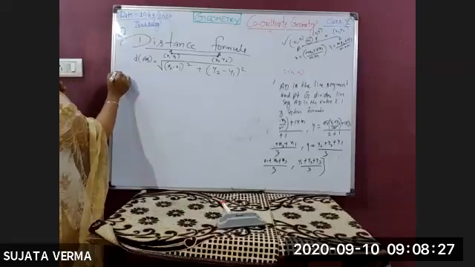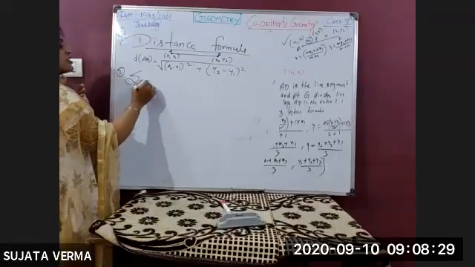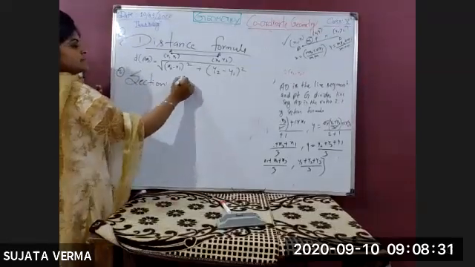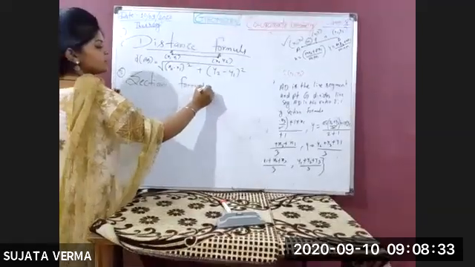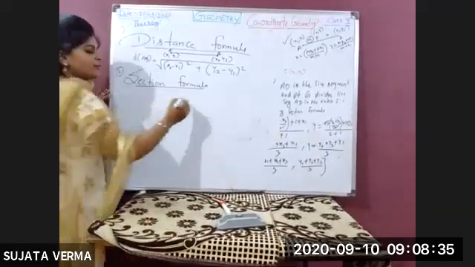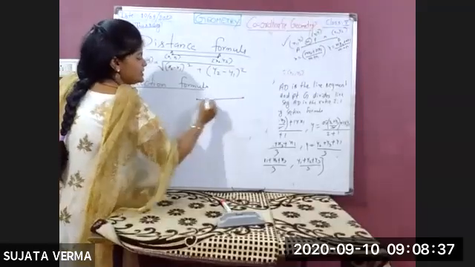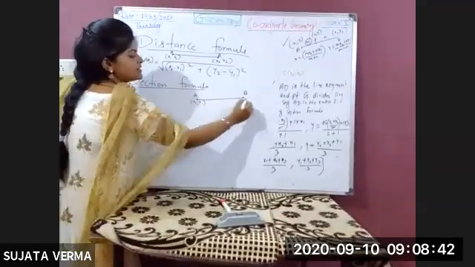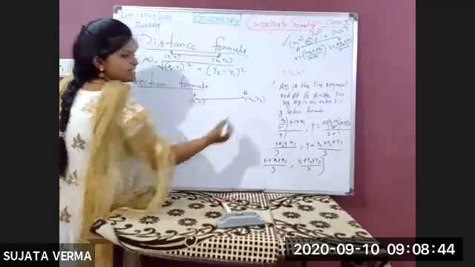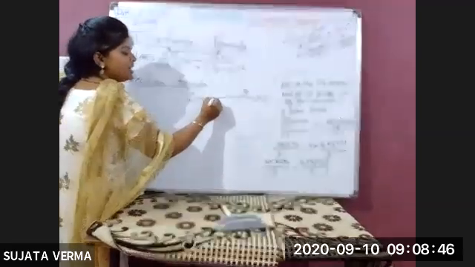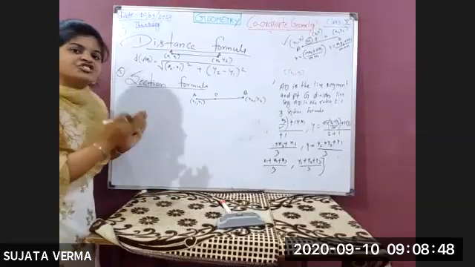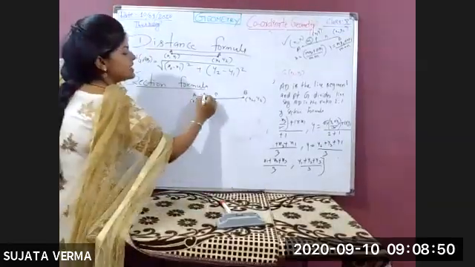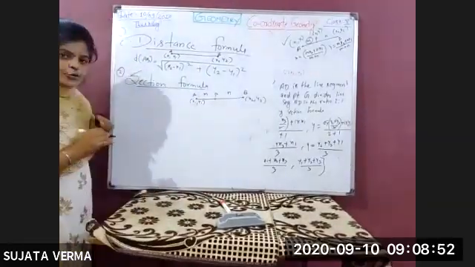Second formula is the section formula. Suppose here is the line segment AB having coordinates x1, y1 and x2, y2 respectively, and P is the point which divides the line segment in the ratio m is to n.